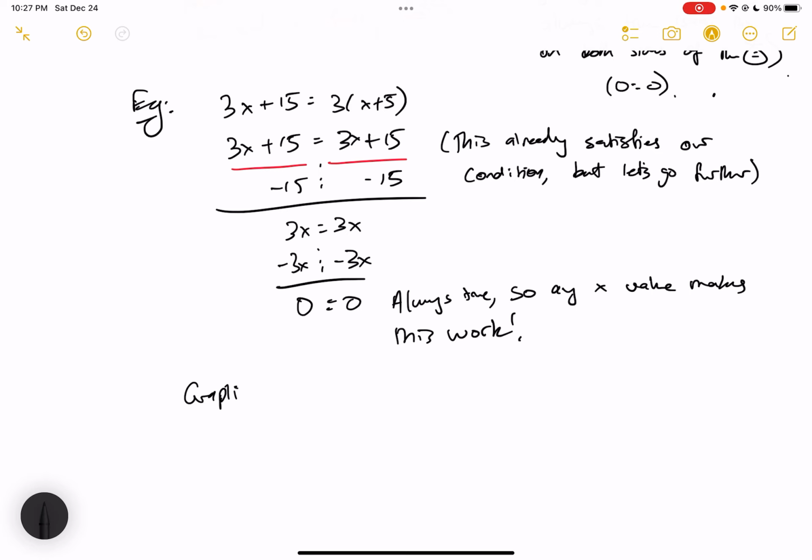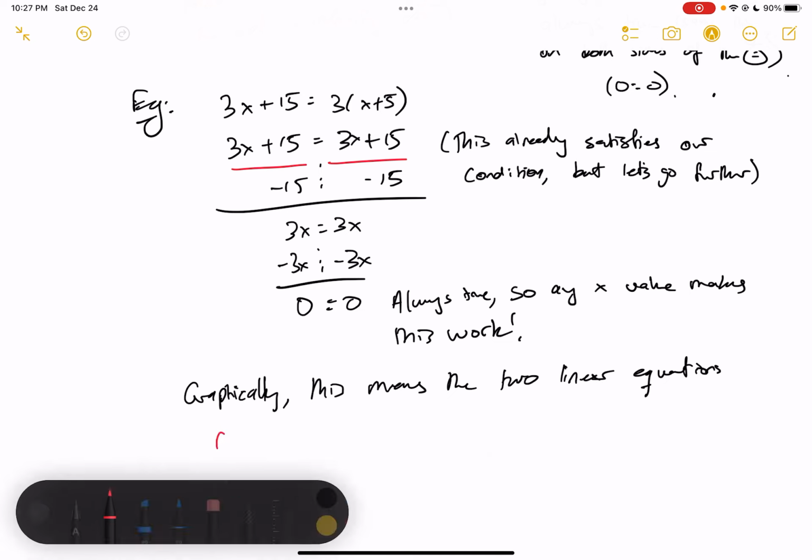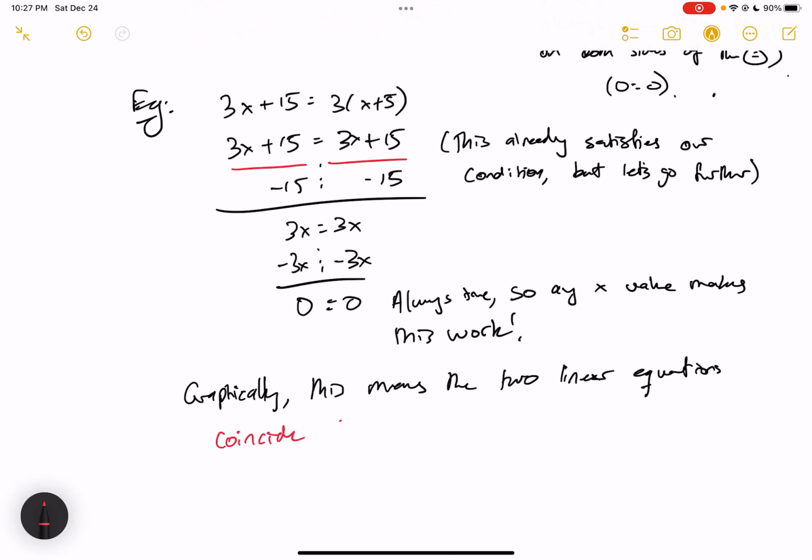Graphically, this means the two linear equations do something that we call coinciding. The two linear equations coincide, or they're basically the same line.